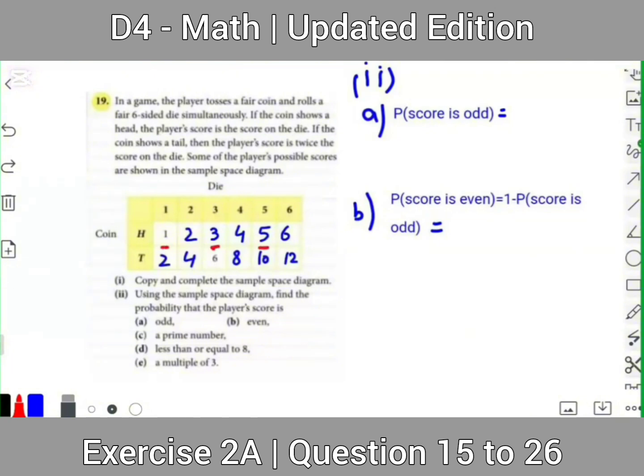So the number of favorable outcomes is 3. Now we will count the total number of outcomes. So here we have 1, 2, 3, 4, 5, 6, 7, 8, 9, 10, 11, 12. So the total number of outcomes is 12, and it will give us 1 over 4. So the probability that the score is odd is 1 over 4.